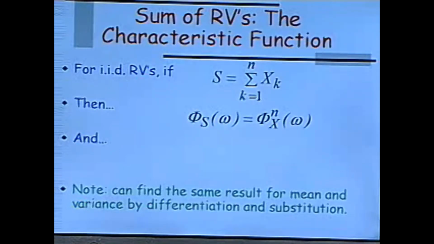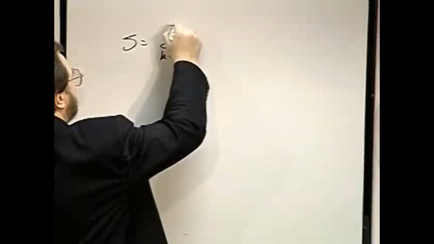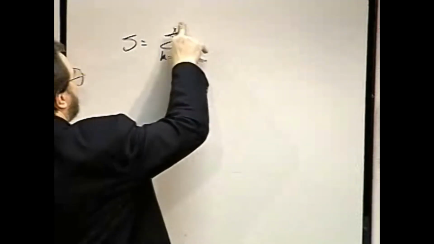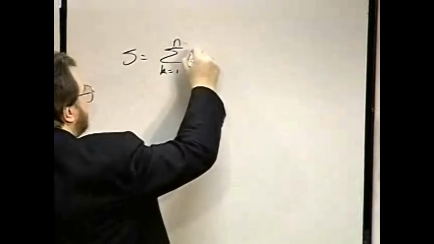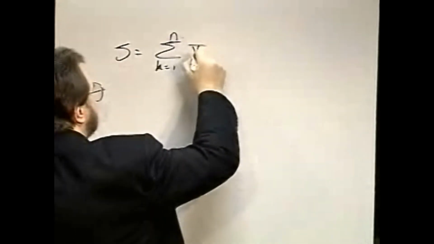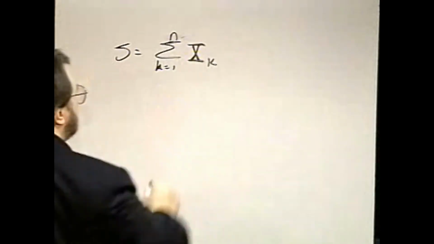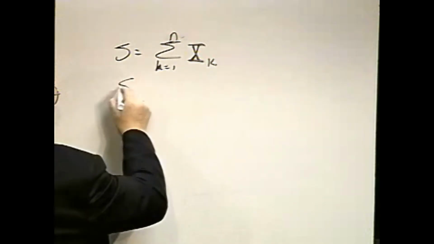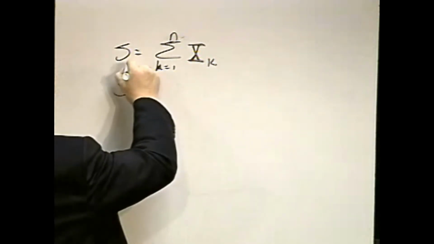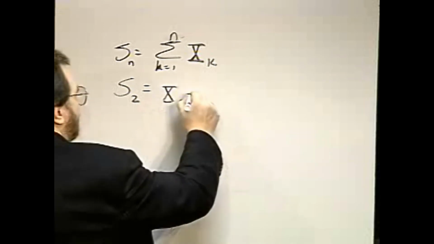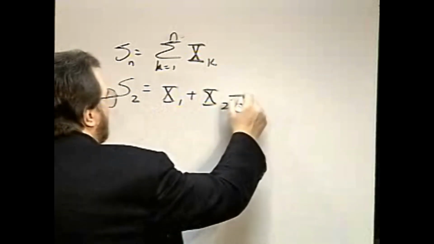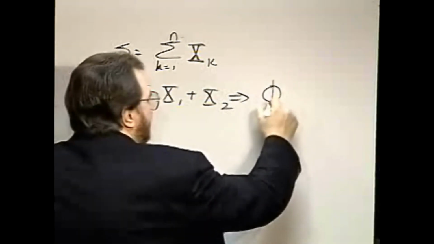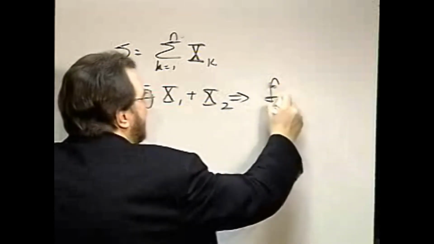If we have the sum equal to the summation of k equals 1 to n of x sub k, we have shown that if we have two versions, let's call this S sub n, x1 plus x2, what is the corresponding density of the S?